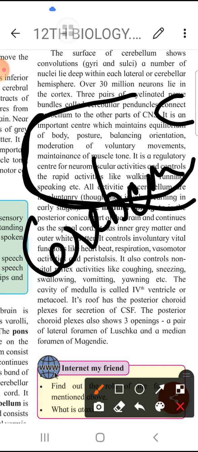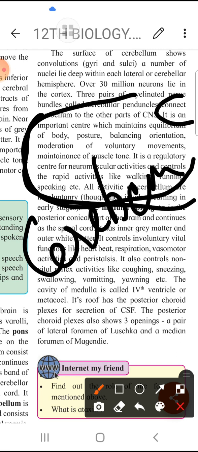It is an important center which maintains equilibrium of the body. बॉडी के अंदर बैलेंस मेंटेन करता है. पोस्चर मतलब you can easily stand, you can sit. बैलेंसिंग, ओरिएंटेशन मतलब if you have to look left you can turn your head, balance your body. ऐसा नहीं होता ना कि आपका हेड लेफ्ट टर्न होता है तो आप गिर जाते हो लेफ्ट की तरफ, नहीं. So it's like balancing and orientation, moderation of voluntary movement, everything. And also maintenance of the muscle tone is the main important function of the cerebellum.